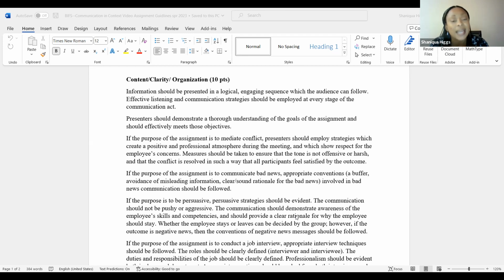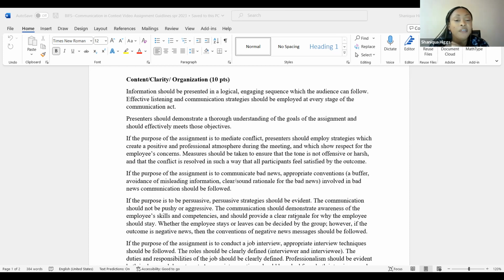So if you're mediating conflict, then you need to be aware of the strategies that create a professional and positive atmosphere. You want to show respect for the employee, but make sure your tone is not offensive or harsh, and seek to resolve conflict in a way that makes people feel satisfied.